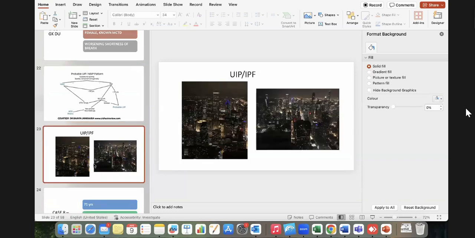A lot has been said about UIP and IPF. People use these terms interchangeably. As you can see in this slide, they may look alike, but they are not really the same. The difference is that UIP is a pattern which may be seen with multiple diseases. Idiopathic pulmonary fibrosis is a syndrome which is basically idiopathic.